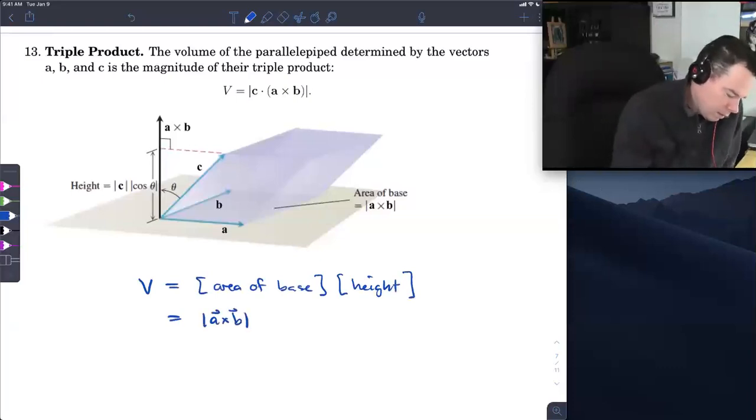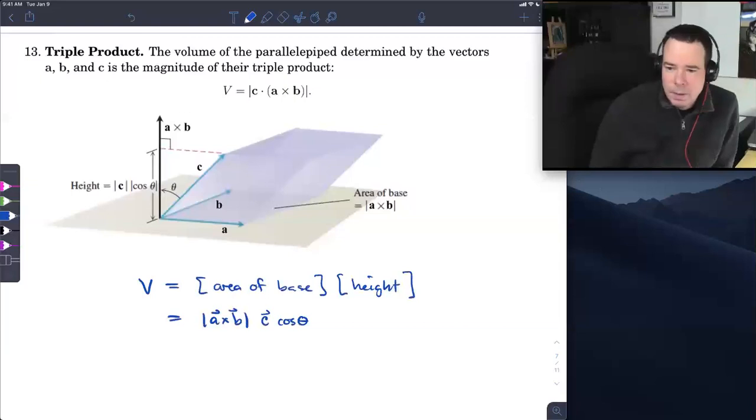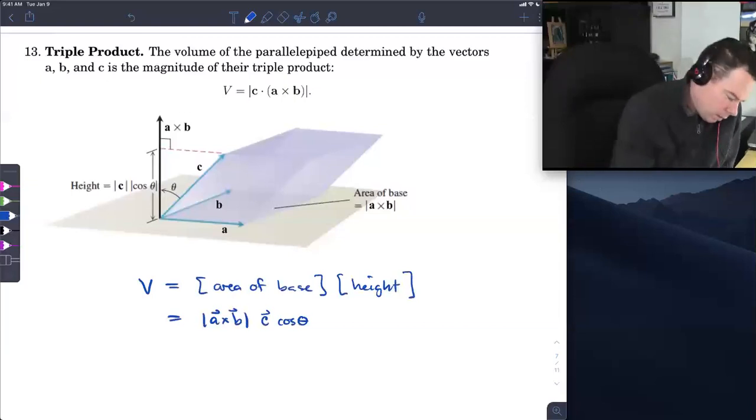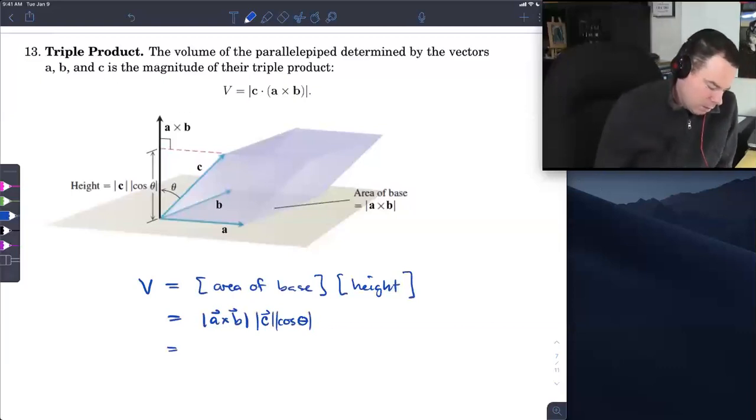What's the height? That's the magnitude of vector C times cosine of theta in this case. And that is the formula for the dot product, essentially.